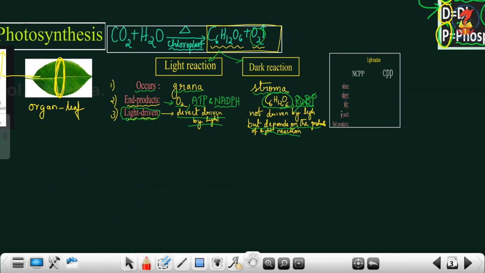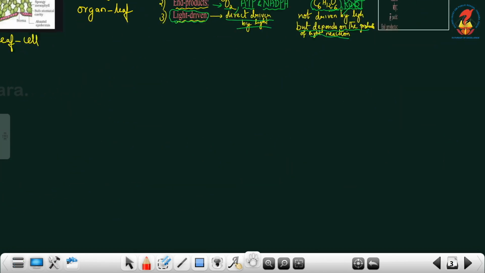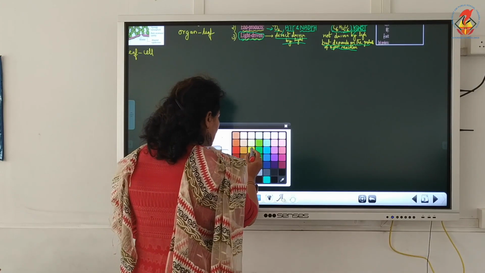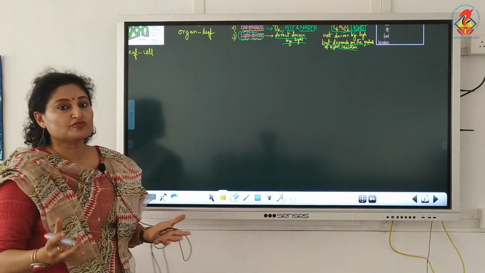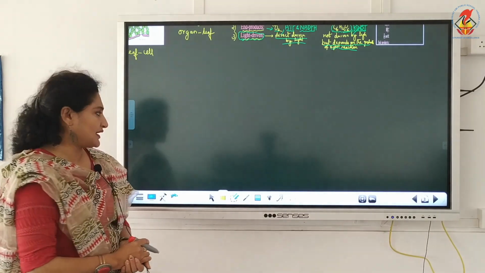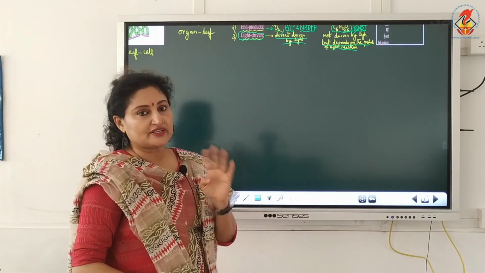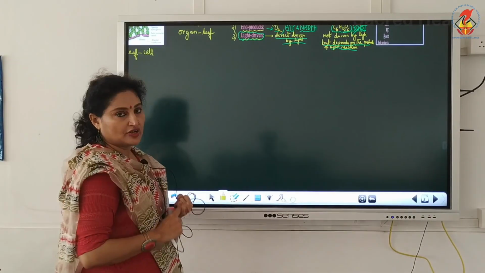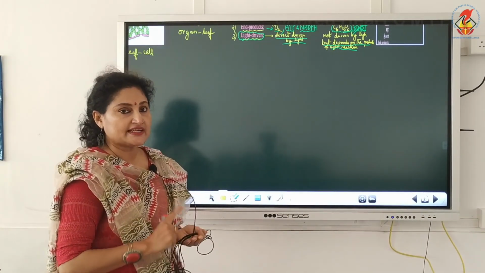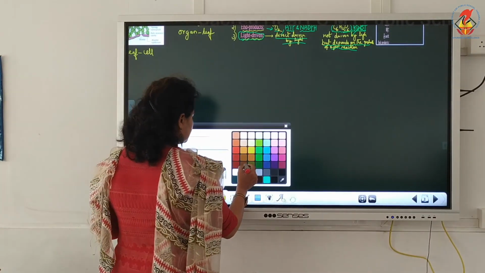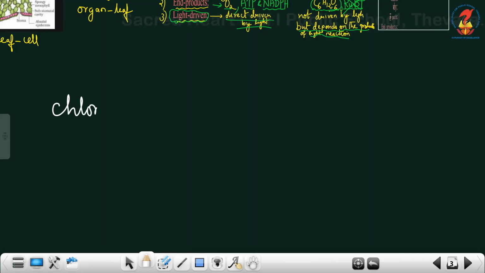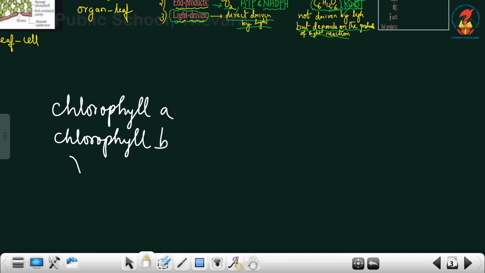So now we are going into the details of light reaction, as I told you. Before going into light reaction, we have to know the types of chlorophylls present in chloroplast. There are basically four different types of pigments: chlorophyll A, chlorophyll B, xanthophylls and carotenoids.